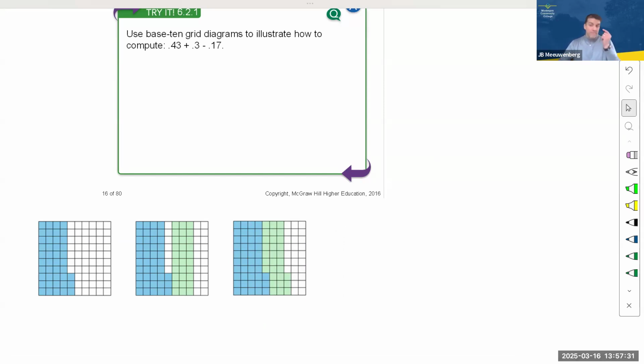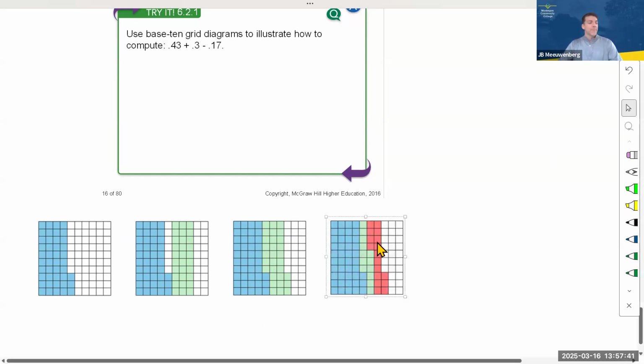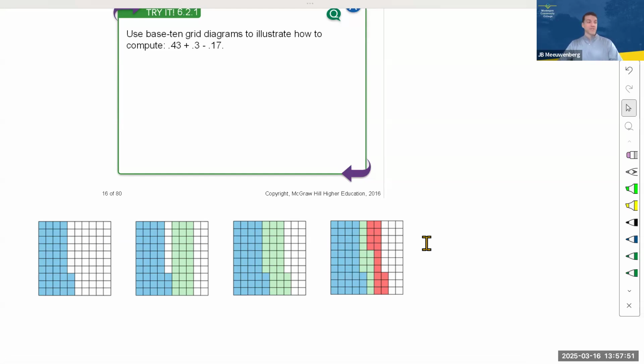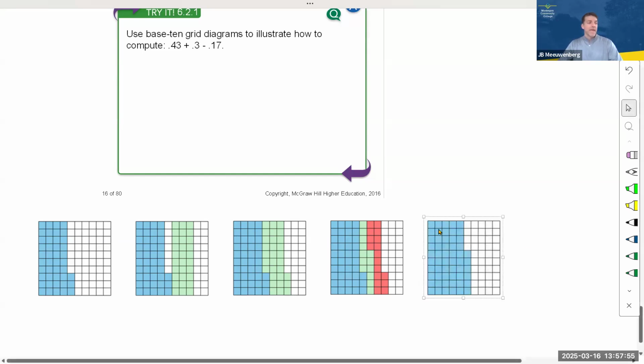Then I thought about the 17 hundredths subtraction. I used the takeaway concept. And so I took this existing shaded part and I shaded in 17 of those hundredths in red. And then in my final picture, I imagined just erasing those, deleting those, and seeing what we had left.